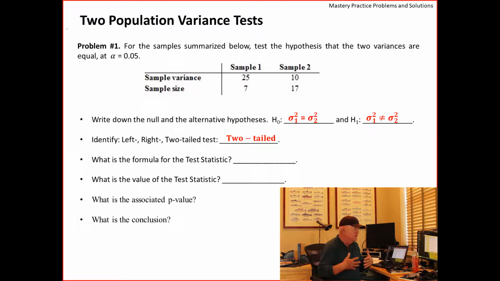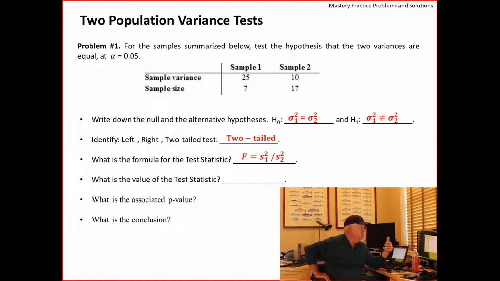Generally it's suggested that you put the larger of the two variances on top. So again, if the alternative hypothesis was that sigma 1 is bigger than sigma 2, you would make the test statistic F equal to S1 squared all over S2 squared, S1 being the larger.